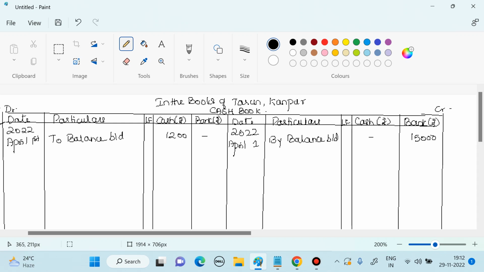So the transaction would be cash account debit 4,000, bank account debit 16,000, to capital. So it would be on the debit side here. April 3rd, to capital account, cash of 4,000, and the check we would be depositing in the bank. So bank balance would increase by 16,000.